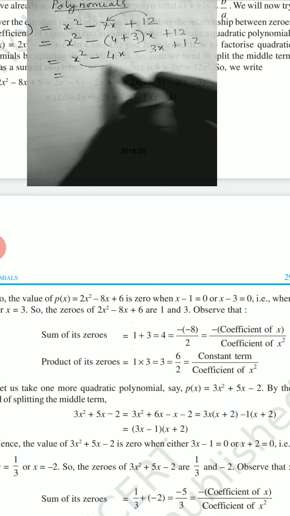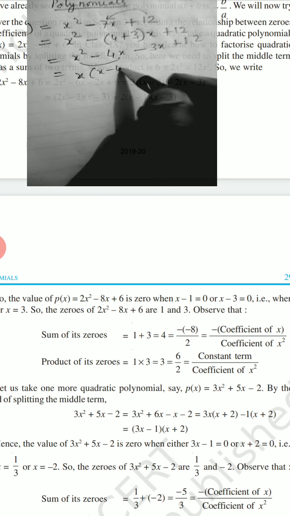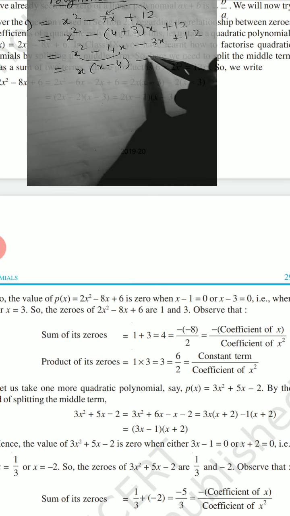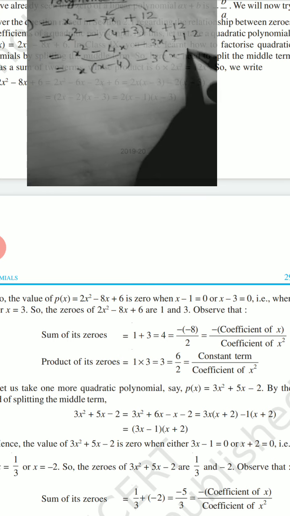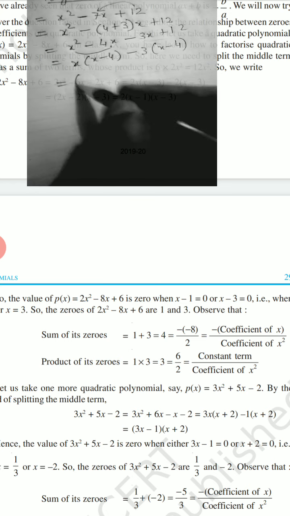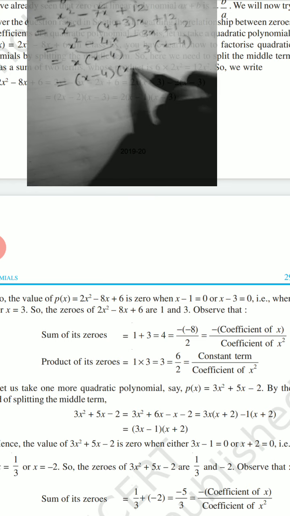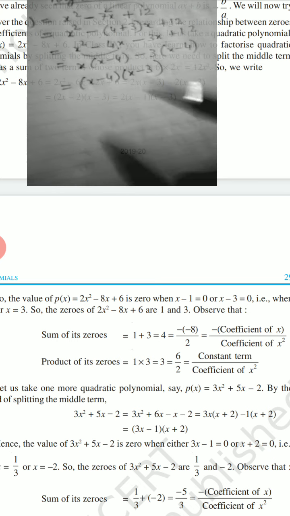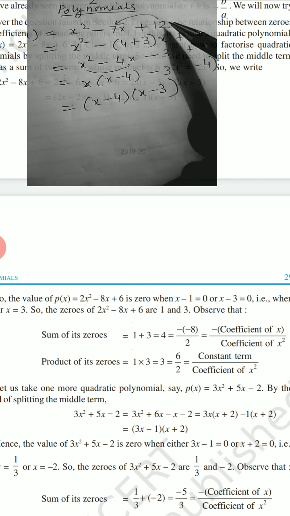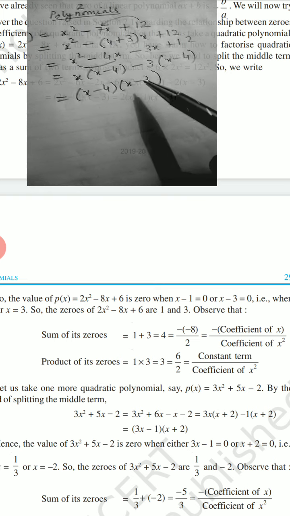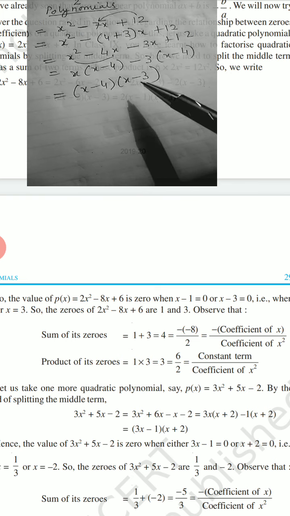Now the common factor is x, and here the common factor is minus 3. The factors of the polynomial x square minus 7x plus 12 are x minus 3 and x minus 4.